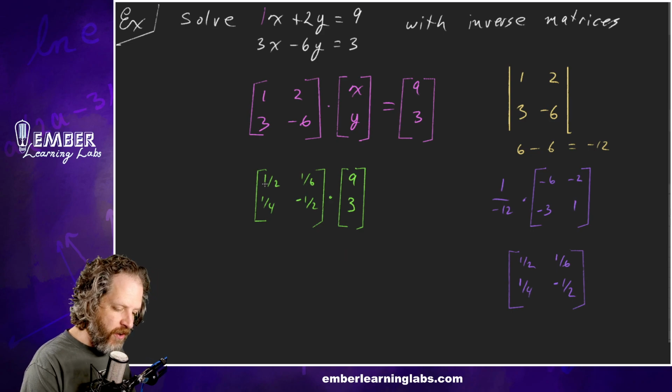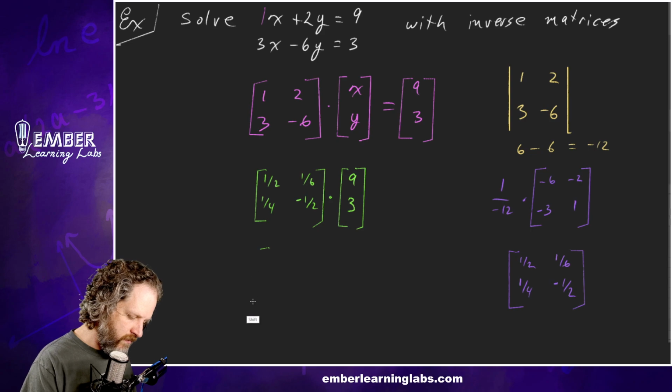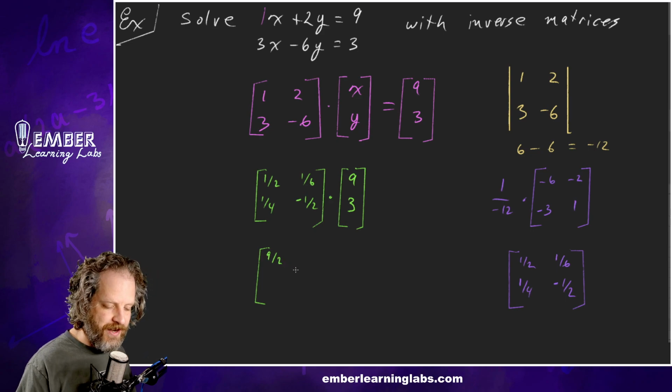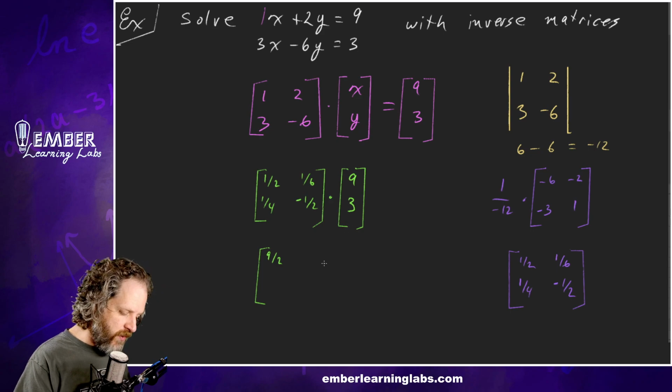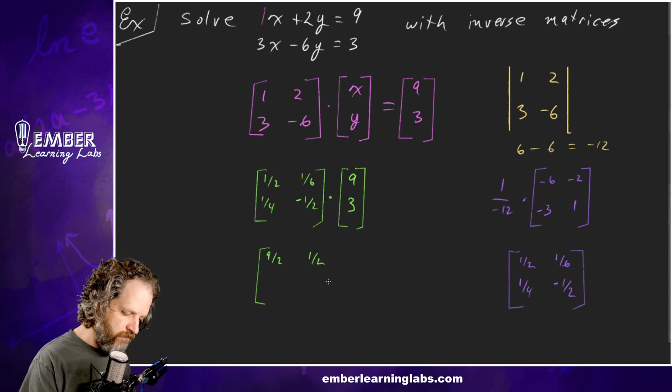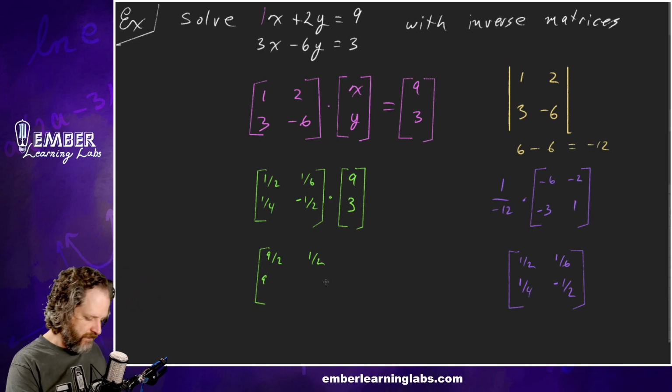All right. So 1/2 times 9 is 9/2, or 4.5, whatever floats your boat. 1/6 times 3 is 1/2. 1/4 times 9 is 9/4. What am I doing?